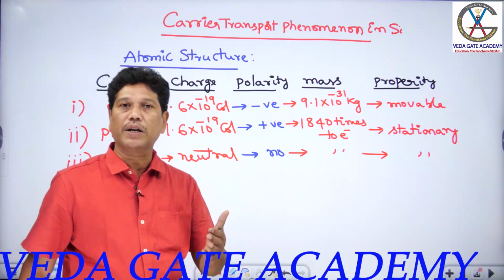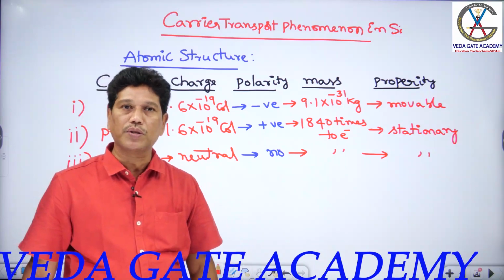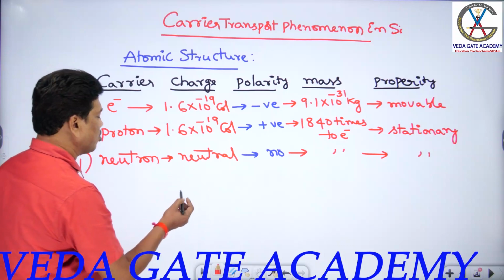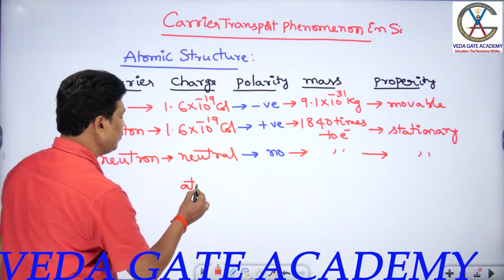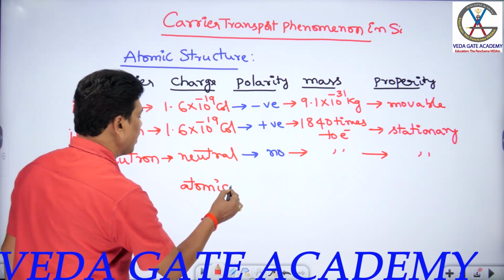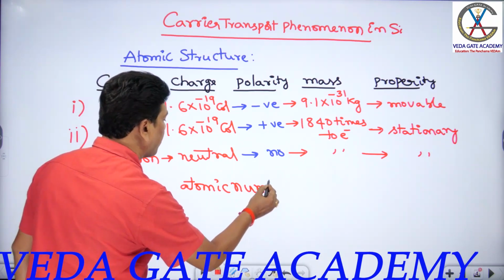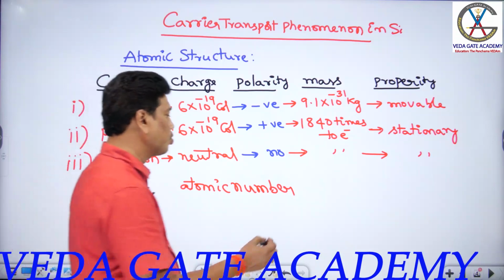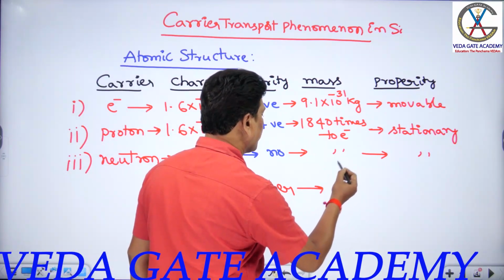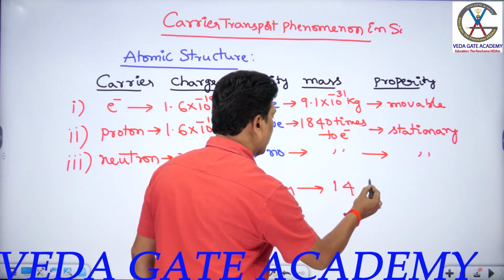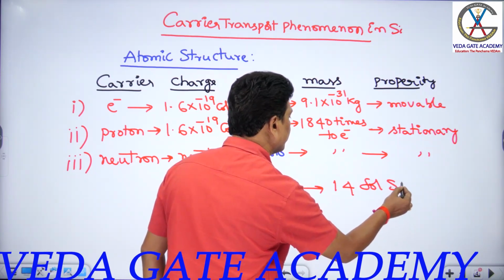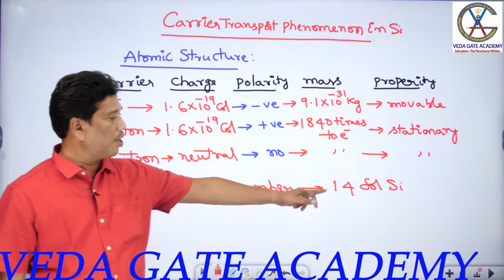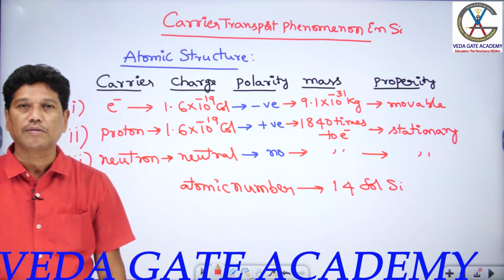Commonly, the types of semiconductors you may use are germanium and silicon. The atomic number expresses the number of electrons or the number of protons in a given atom. The atomic number is 14 for silicon, which means 14 electrons and 14 protons are there.